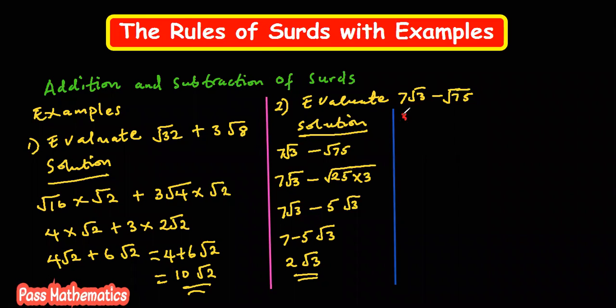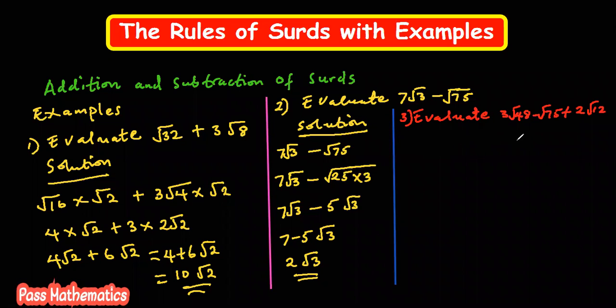So example 3: evaluate 3 root 48 minus root 75, and then plus 2 root 12.